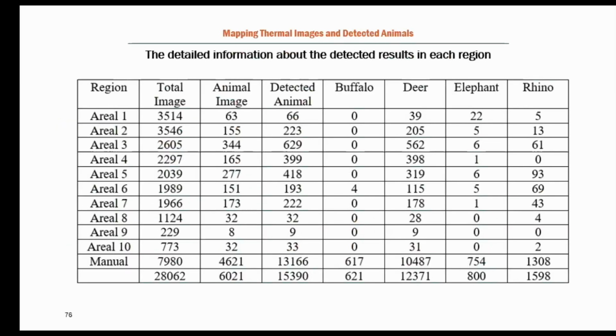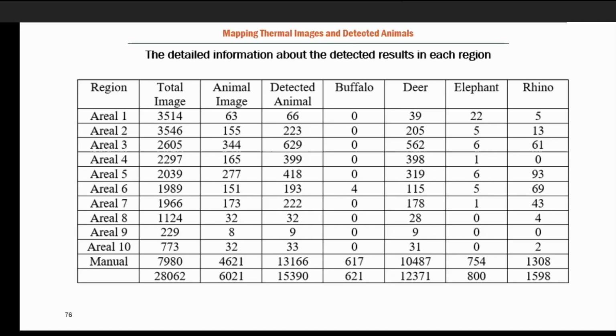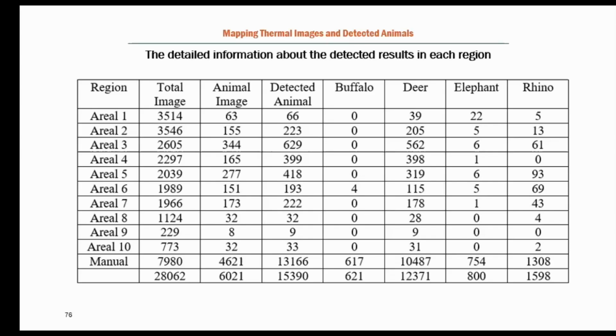Finally, I can give the detailed detection results. The table shows how many thermal images were collected, how many images contain animals, how many animals were detected, and the distribution of the 4 key species.